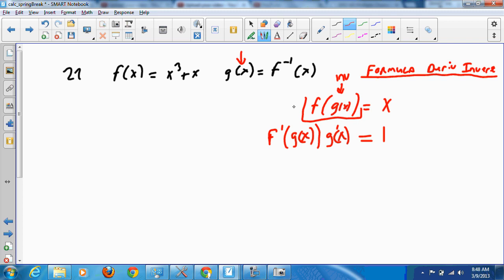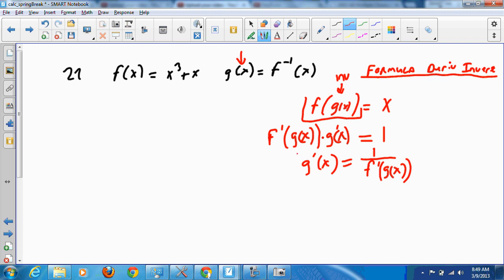Alright, well the problem is asking us to find the derivative of the inverse. Since all these terms are being multiplied, the derivative of the inverse is equal to 1 over f prime of g of x. Let's see how that works out for us.